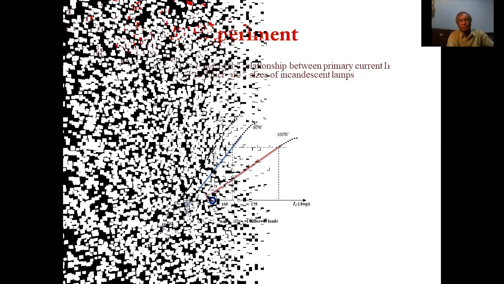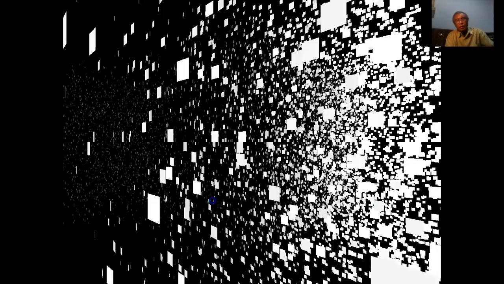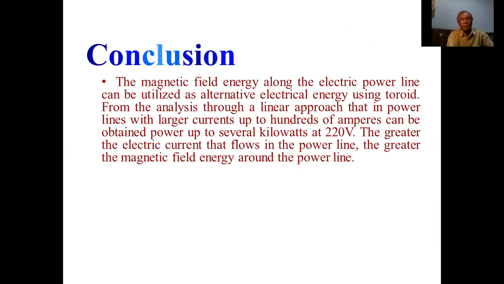And conclusion. First, the magnetic field energy along the electric power line can be utilized as alternative electrical energy using a toroid. From the analysis through a linear approach, in power lines with large current up to hundreds of amperes, power up to several kilowatts can be obtained at 220 volts.